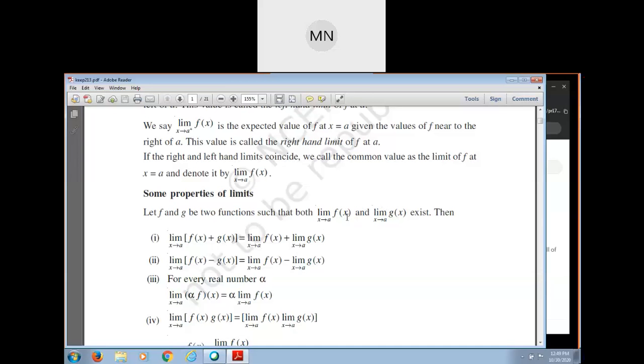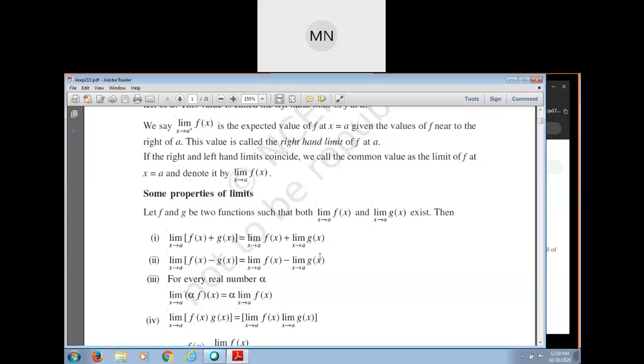That means the limit exists for both functions f and g at the particular point x equals a. Now, the first property tells that limit x tends to a of f of x plus g of x equals limit x tends to a f of x plus limit x tends to a g of x.